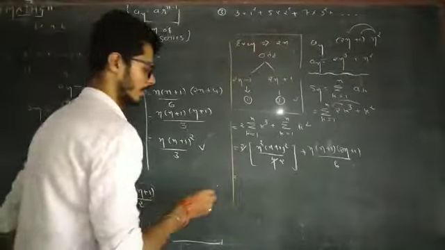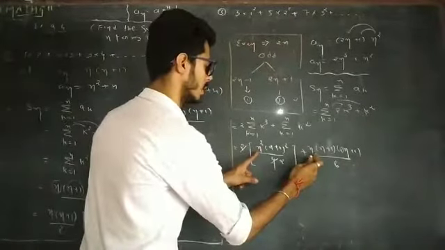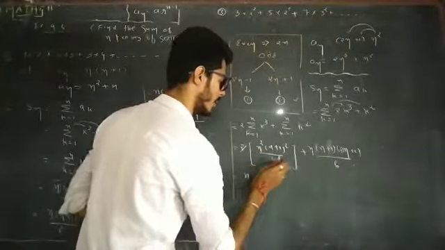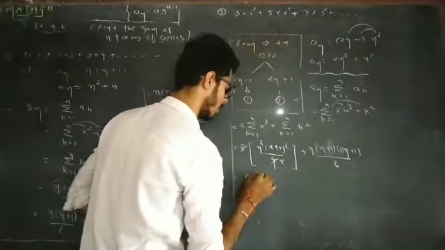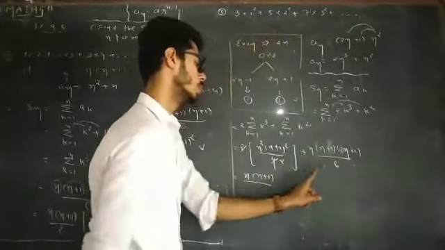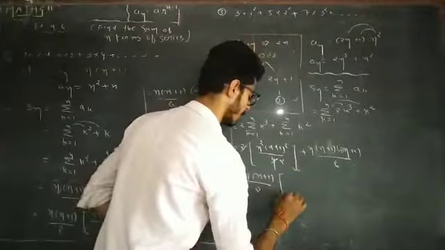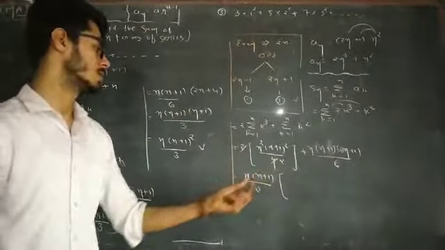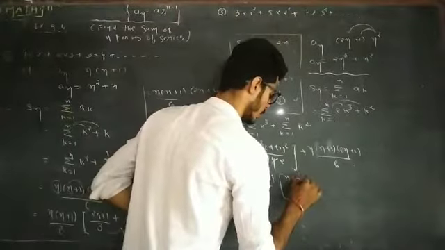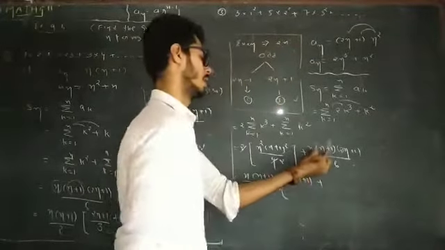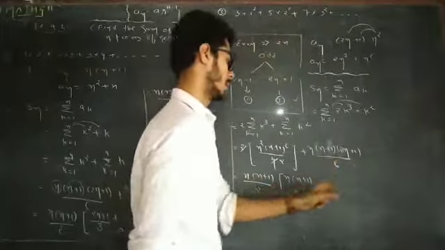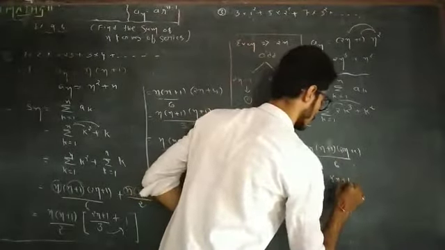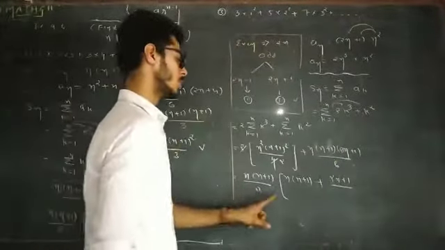Common out the term: n square over here is n, so n is common, n plus 1 is also common, so n into n plus 1. 2 and 6, so 2 is common over here. The remaining term over here is n square, 1 is common, the remaining term is n into n plus 1, plus this term common, the remaining is 2n plus 1 over 2 common, so the term is 3.